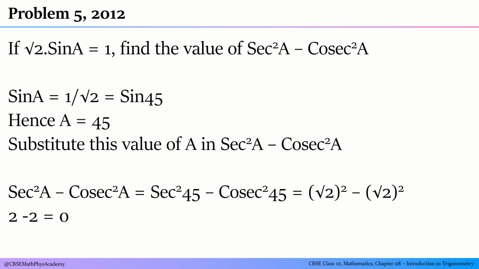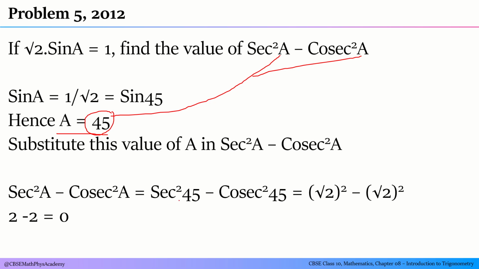Sine A is equal to 1 by root 2, which is nothing but sine 45. We have the value of A as 45 degrees. Now you substitute this 45 degrees in the place of A. So secant square A minus cosec square A becomes secant square 45 degrees minus cosec square 45 degrees.